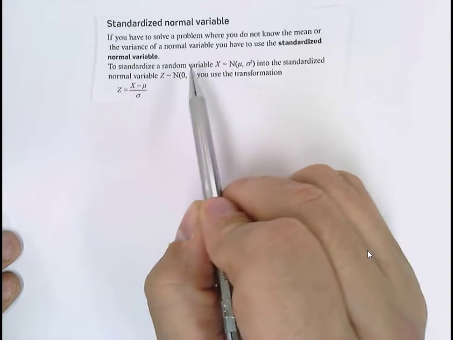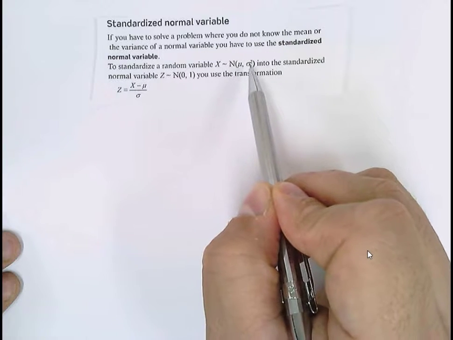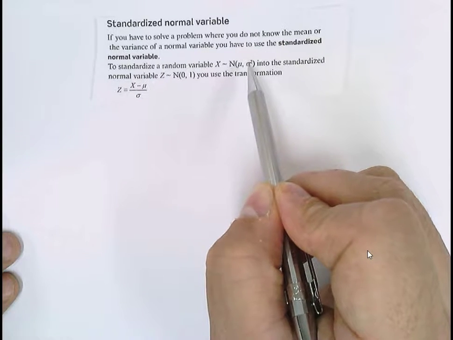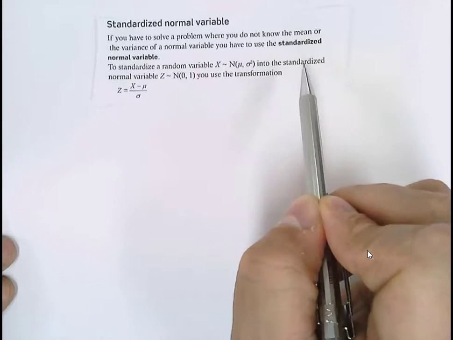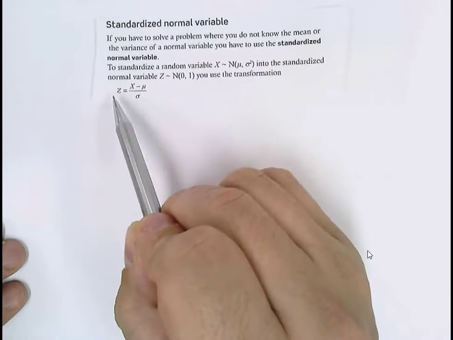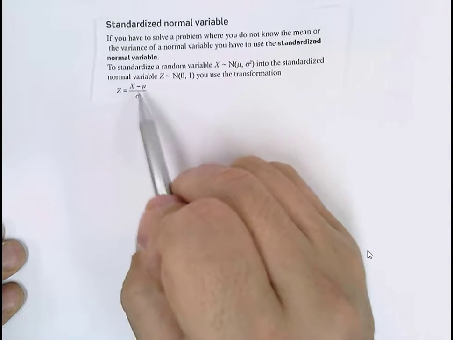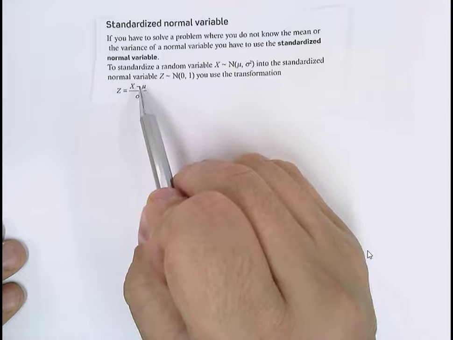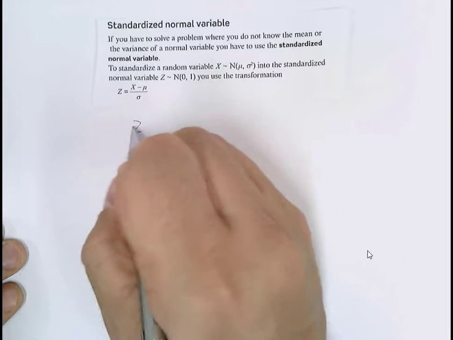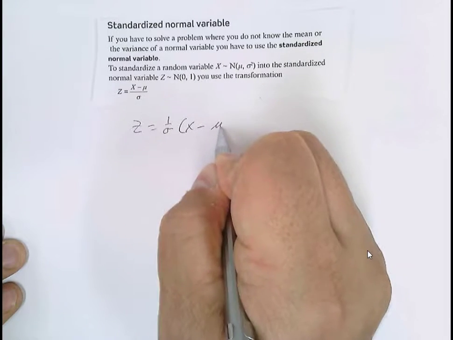To standardize a normal variable, so you have some x that follows a normal distribution with some mean and some variance, into a standard normal, you use the transformation here. And you can make sense of what's going on here: z is equal to 1 over the standard deviation times x minus mu.